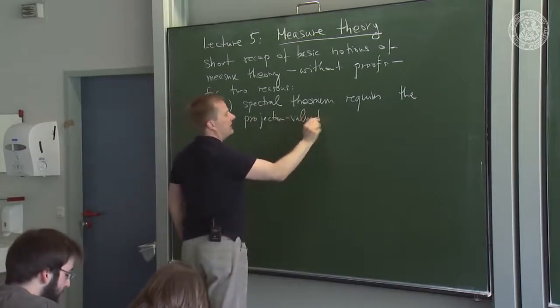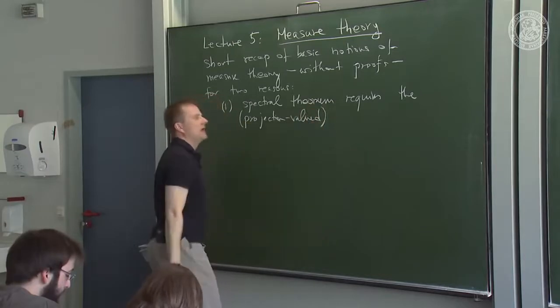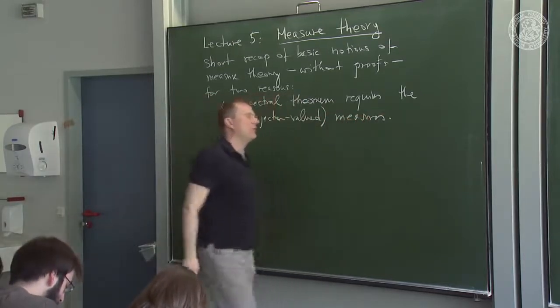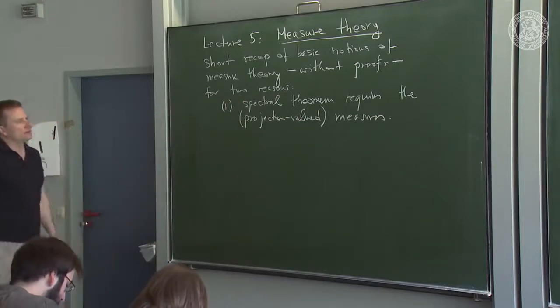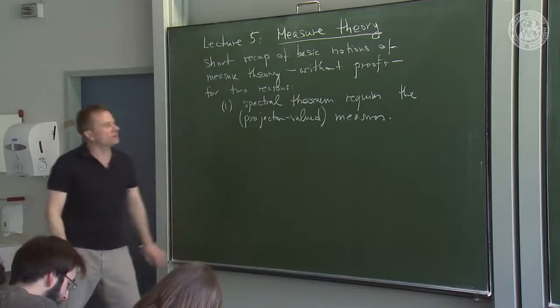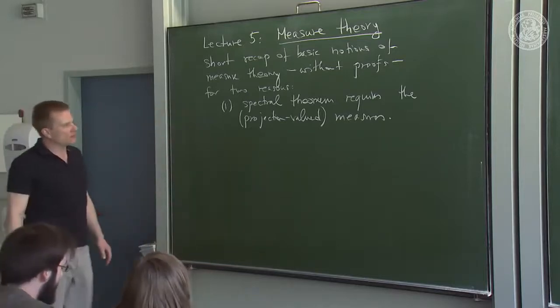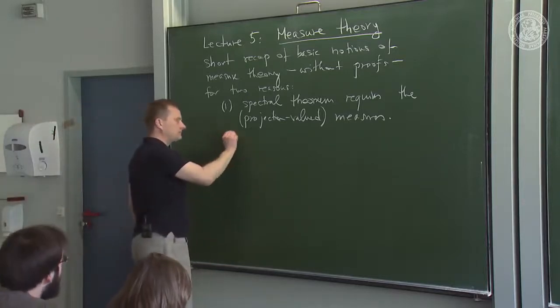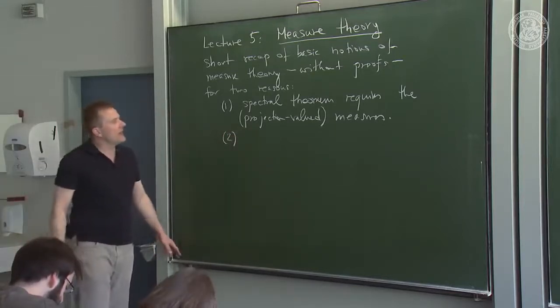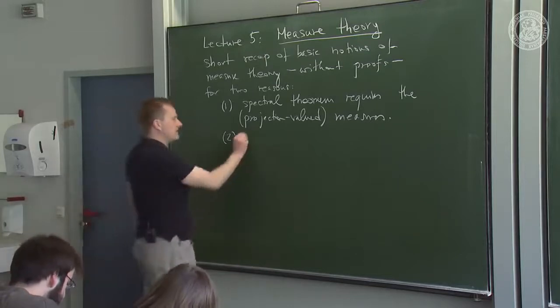Projection-valued is just a small modification. Unless we know what a measure is and what a Borel measure is, we're lost there, and I would rather explain it than refer you to the literature, because that can be quite intimidating if you start at the wrong point.